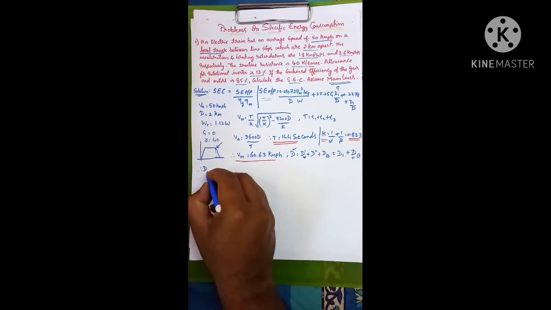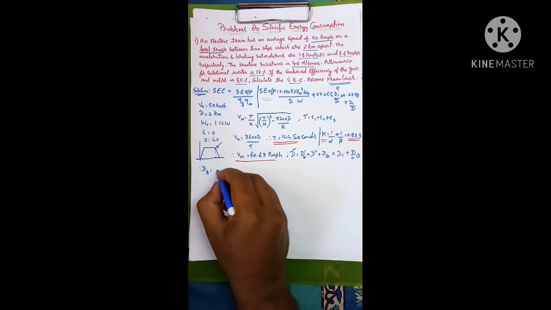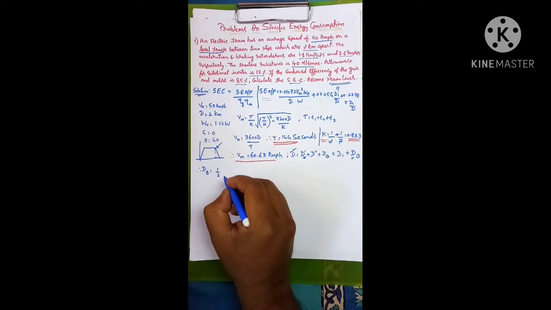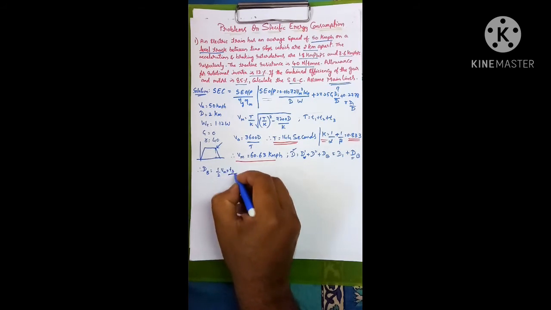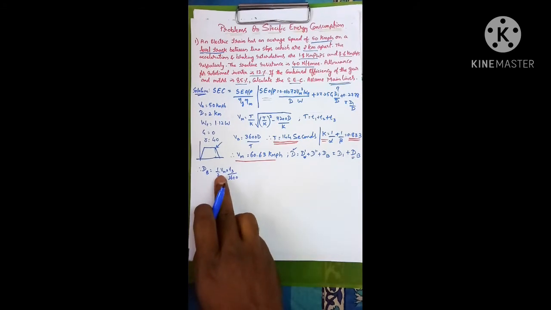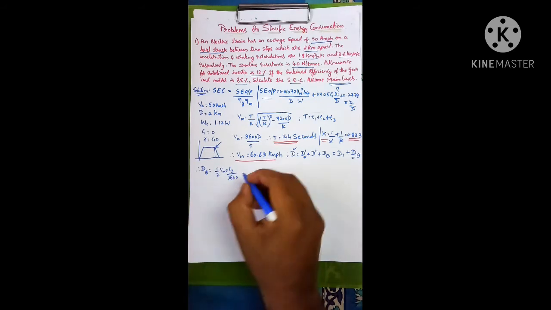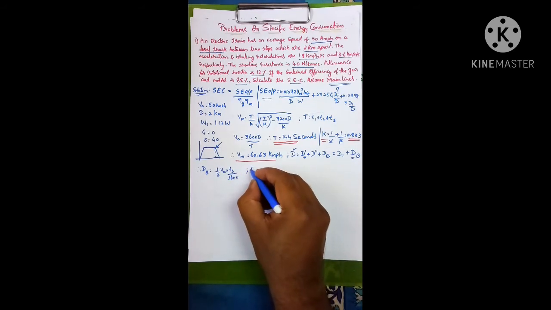Therefore the distance traveled during braking can be given as 1 by 2 into the maximum speed into T3 by 3600. Vm we got, T3 is the time for braking. T3 is not yet given, so let's find T3.